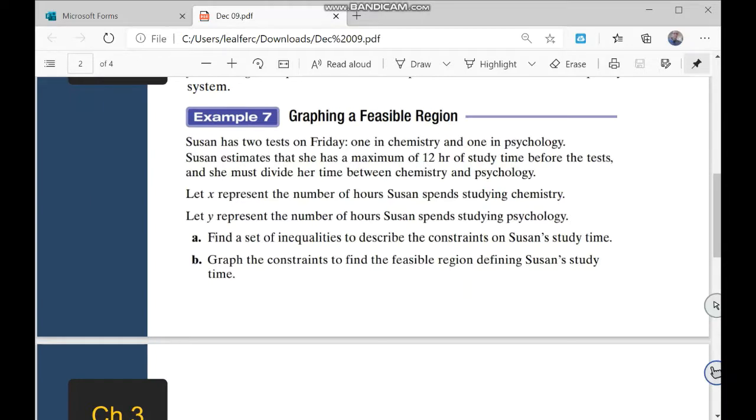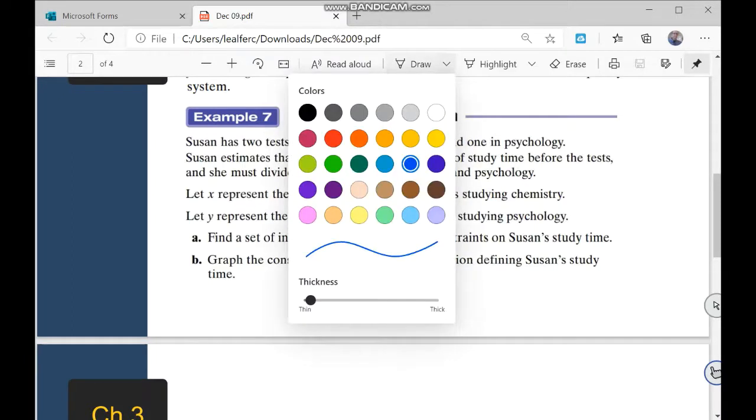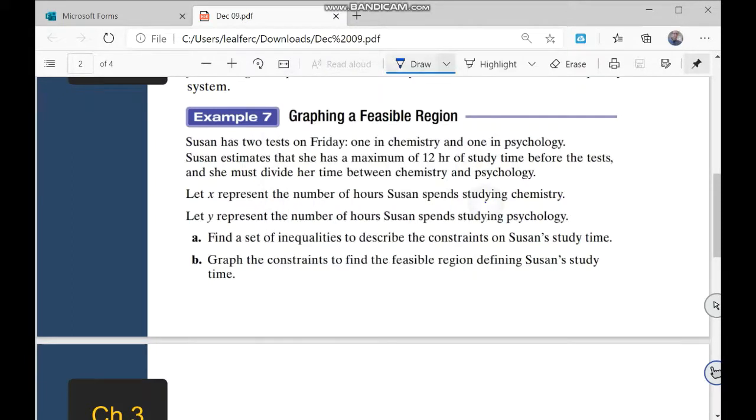Susan has 2 tests on Friday. One is chemistry, another one is psychology. Susan estimates that she has a maximum of 12 hours to study before the test. She must divide her time between chemistry and psychology. Let's say X represents the time she studies chemistry, and Y is the hours Susan spends studying psychology.